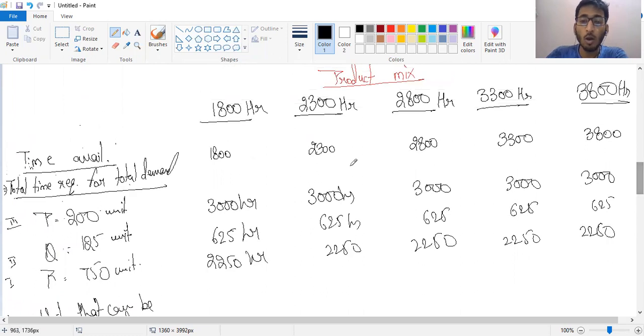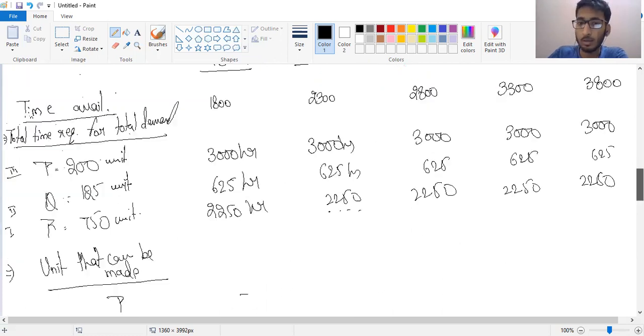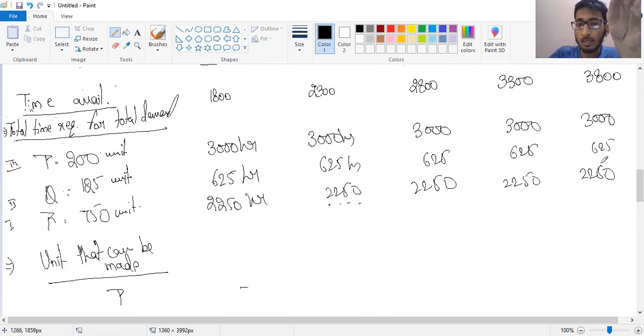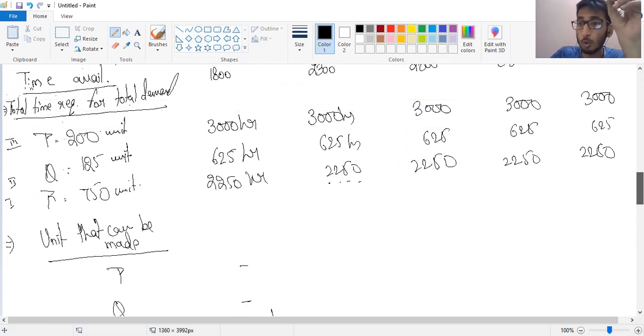Now in the second scenario, I require 2250 hours to make R, and we are available with 2300. So with the balance 50 hours, I can make some units of Q as well.